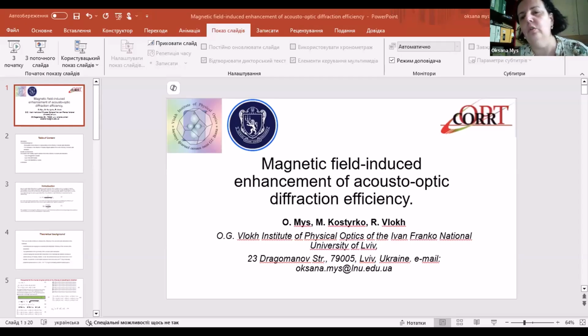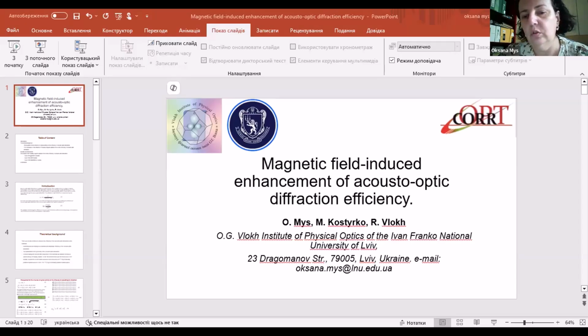The efficiency of acousto-optic diffraction is determined by several parameters. The main of them is the acousto-optic figure of merit. It depends on the refractive indices, effective elasto-optic coefficients, density of materials, and acoustic wave velocities.